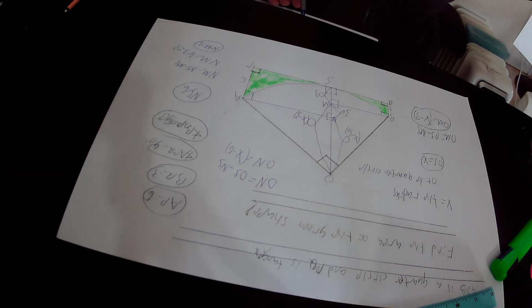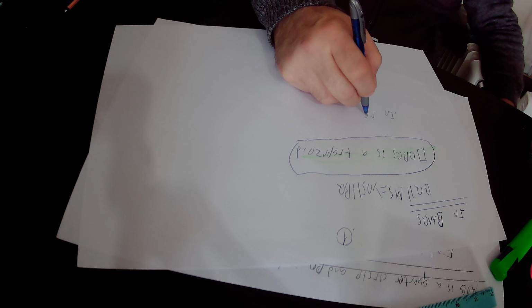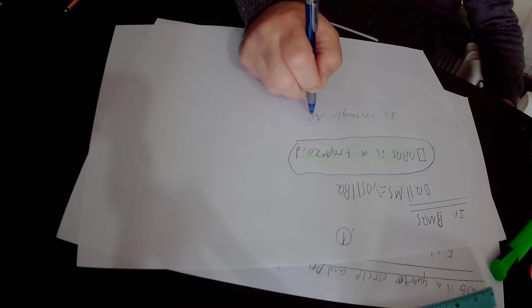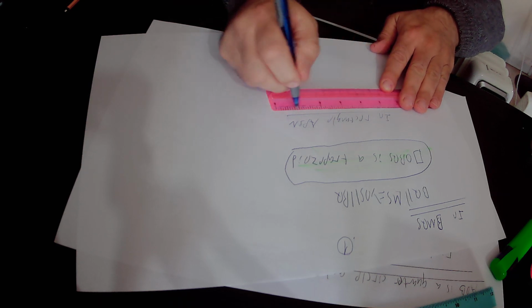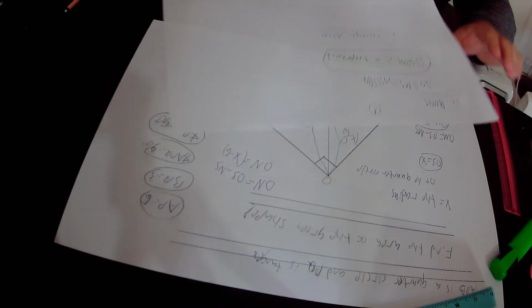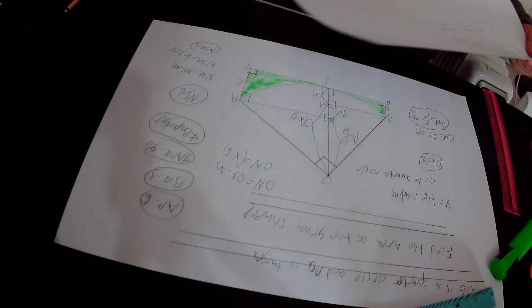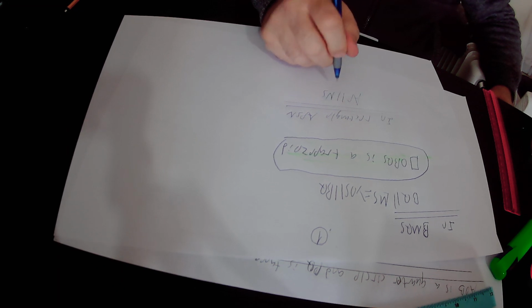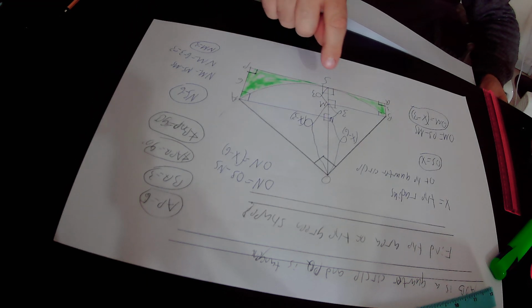In rectangle APSN, side AP is parallel to the opposite side NS. AP is parallel to NS.